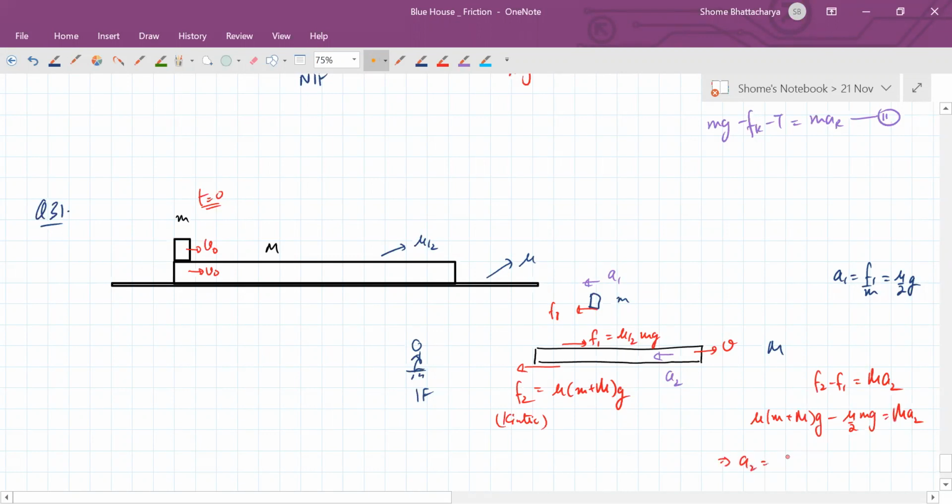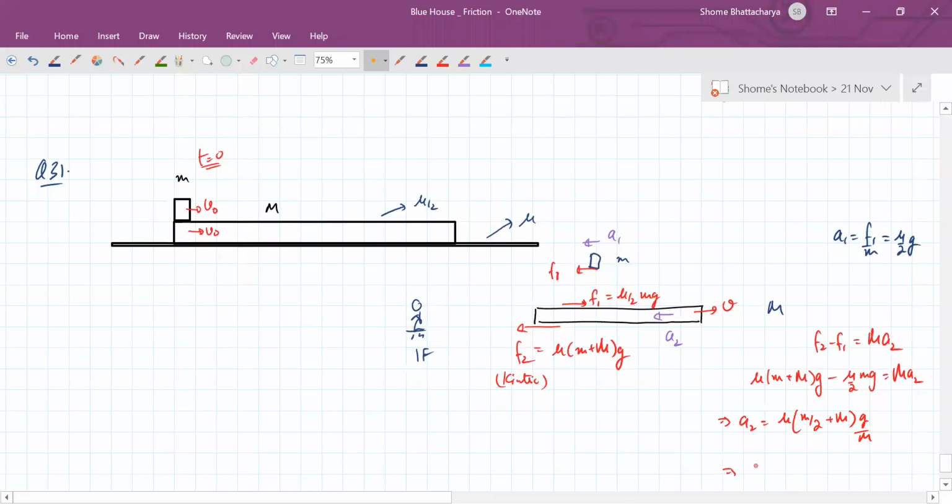So E2 you can see we will get as mu into m by 2 plus capital M into g by capital M. Or we can write E2 as mu into 1 plus m by 2M g like this. Okay. See, this is your E2, this is your E1.